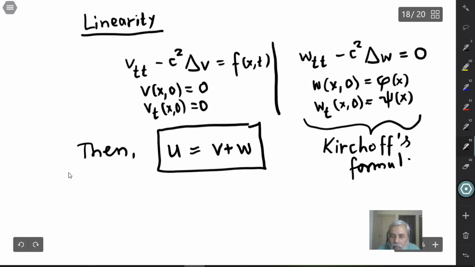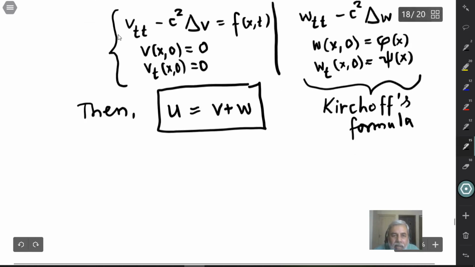So it's sufficient to consider the inhomogeneous equation with zero initial data, and for that we apply Duhamel's principle.